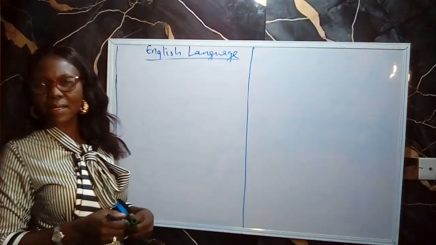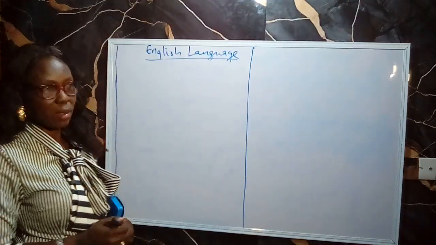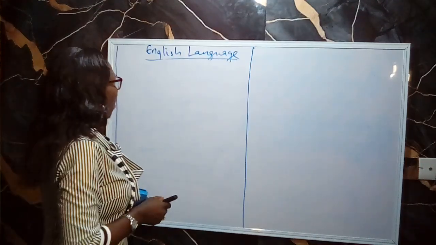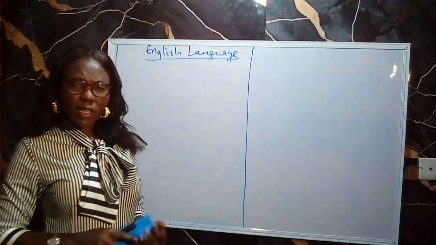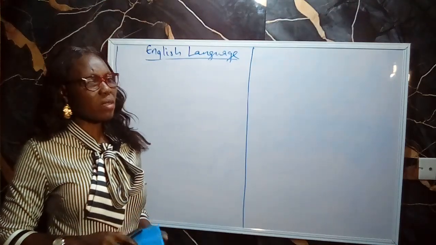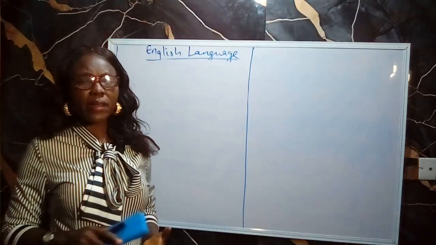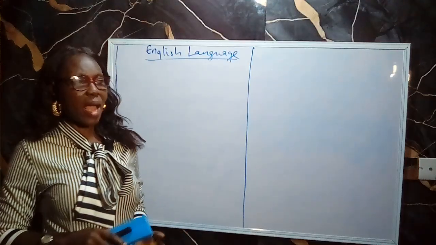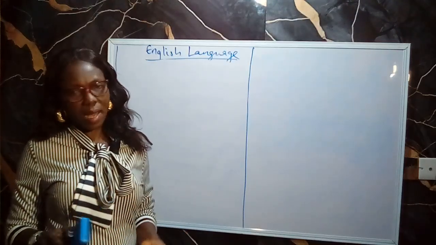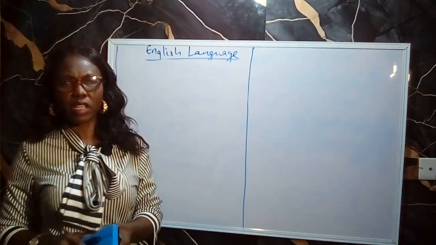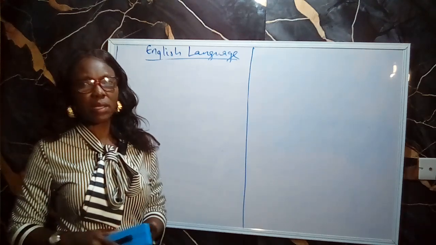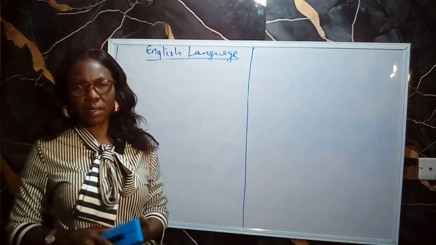Today we'll be looking at English sounds. We have 44 sounds in English. 24 out of these sounds are consonant sounds, while the remaining 20 are vowel sounds. And under these vowel sounds, we have monophthongs, or pure vowel sounds, and diphthongs.